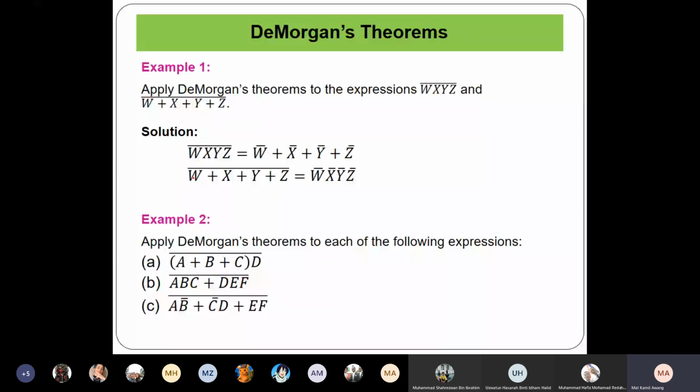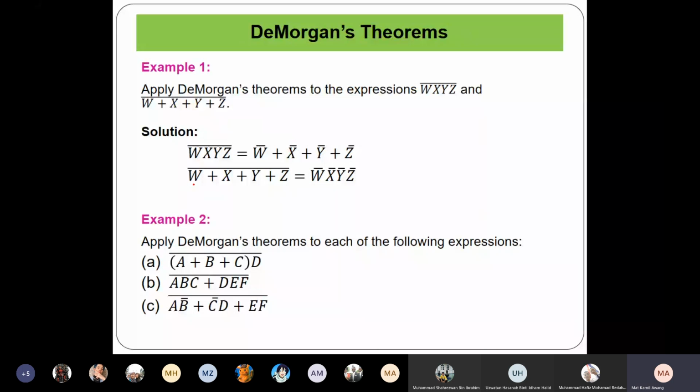For the next one, (W + X + Y + Z) bar. This is the second De Morgan's theorem; this was the first De Morgan's theorem.